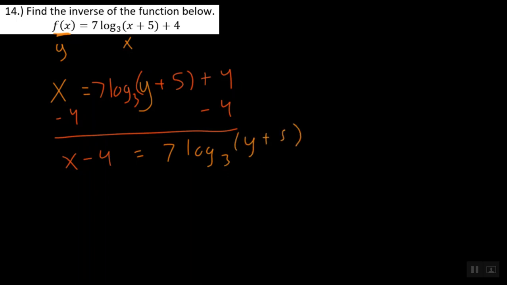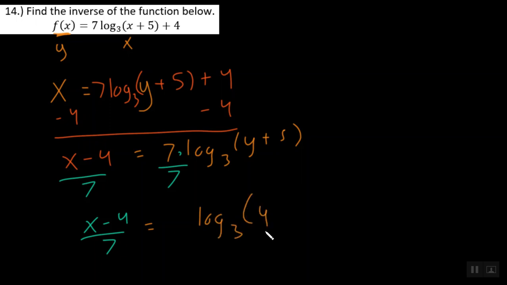Now from here, how do you get rid of that 7? Well, it's kind of nice to be able to divide it. We'll divide both sides by 7. And at this point, we have x minus 4 over 7 is equal to log base 3 of y plus 5. Now from here, how in the world do you get rid of a log base 3? Well, same thing that we just did.